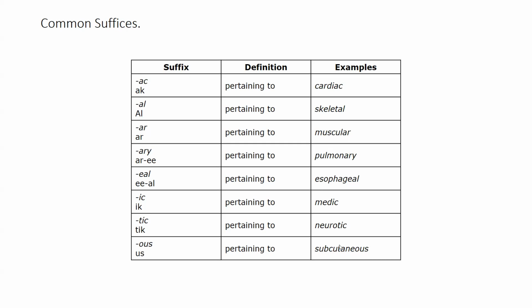This has a prefix as well as a root, but it means pertaining to, under the skin. So all of these mean pertaining to or related to or referring to.